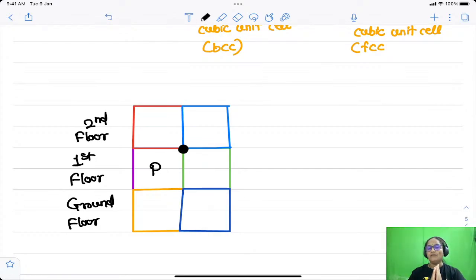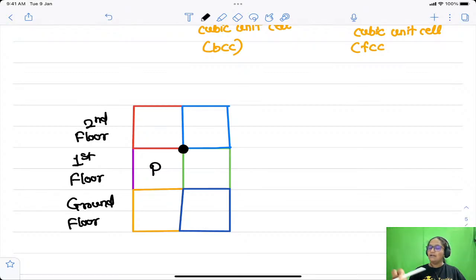So that will be shared between 4 atoms at the first floor and 4 atoms at the second floor. So this is how the single atom at the corner is shared between a total of 8 rooms. A room is nothing but the cube.